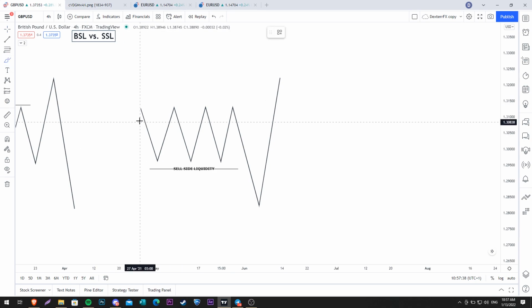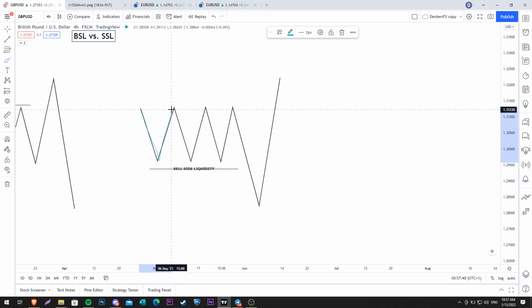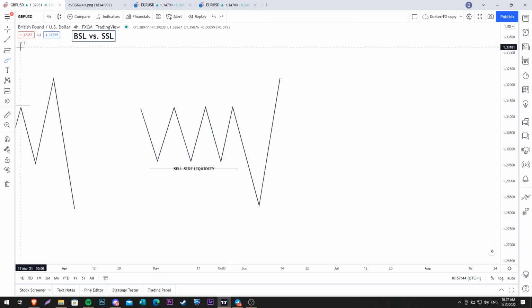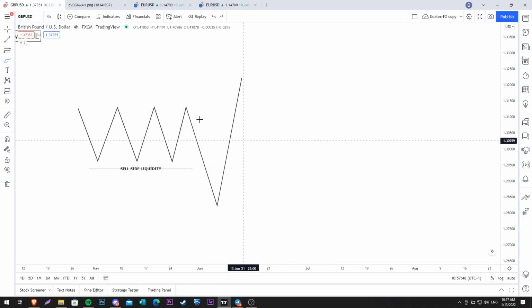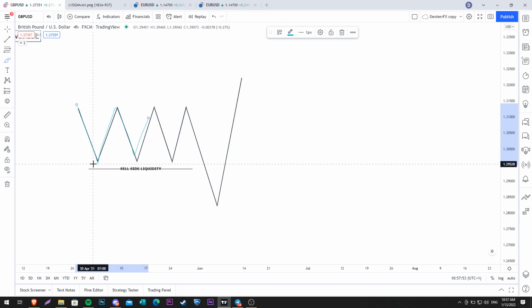So the bank and financial institution are stacking orders until they are able to leave the liquidity area. Here, in the same way as the buy side liquidity but in reverse, we have stacking orders. So we have buyer orders here and seller orders here, okay?